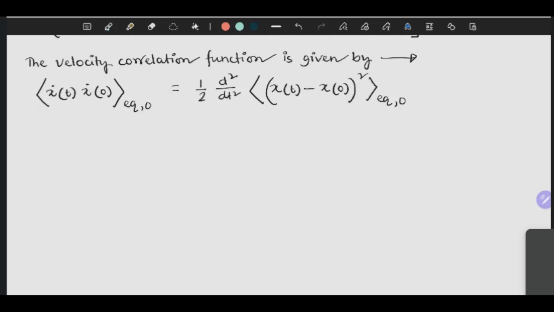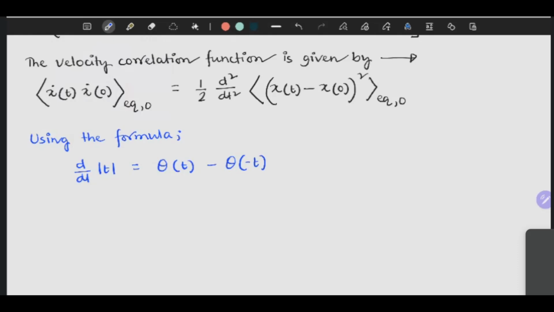Now, using the formula, d dt of mod t becomes theta of t minus theta of minus t.